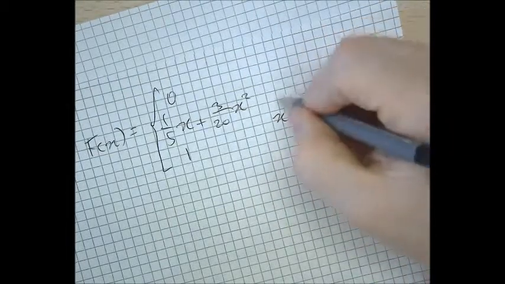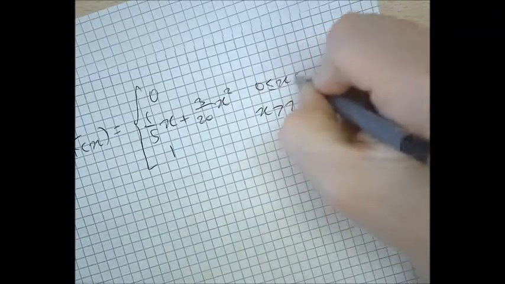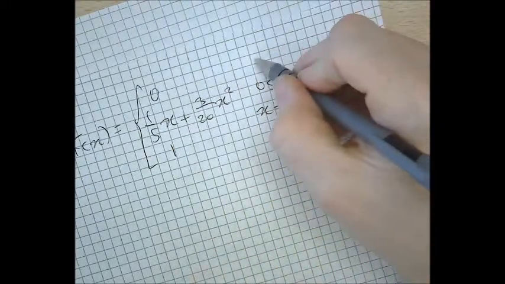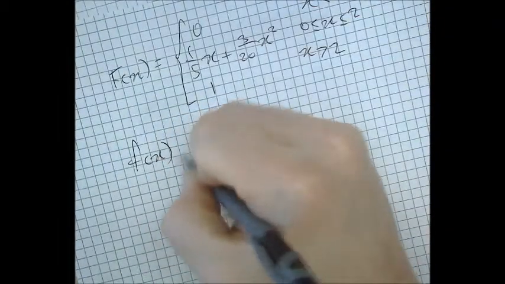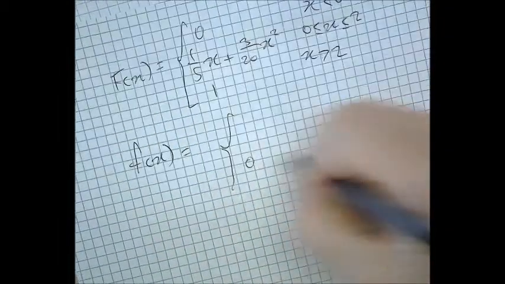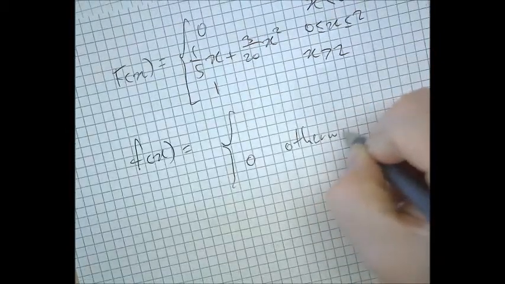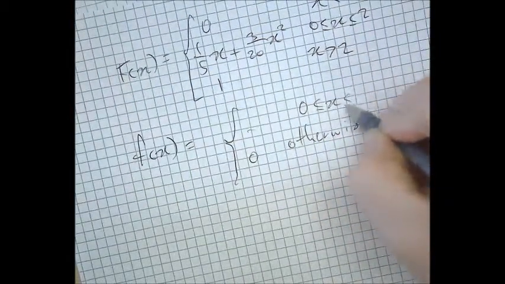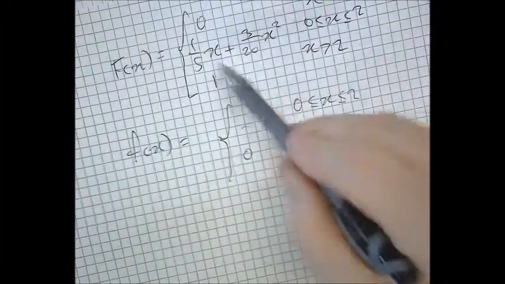So the algebra applies between 0 and 2. When it kicks out at 2, it has to be 1. When it kicks in at 0, it has to be 0. Okay? Let's build the PDF. f(x) is 0 otherwise. The algebra will apply just when the algebra from the CDF did. To get this, you differentiate.